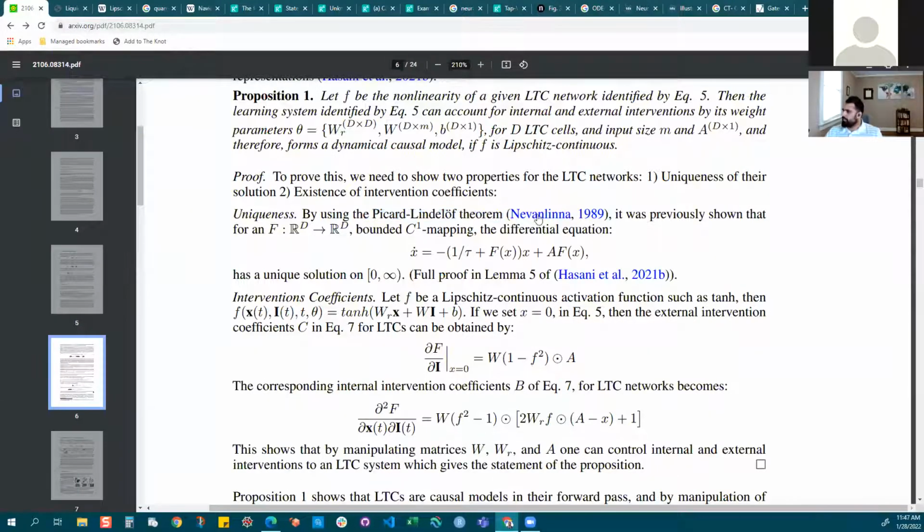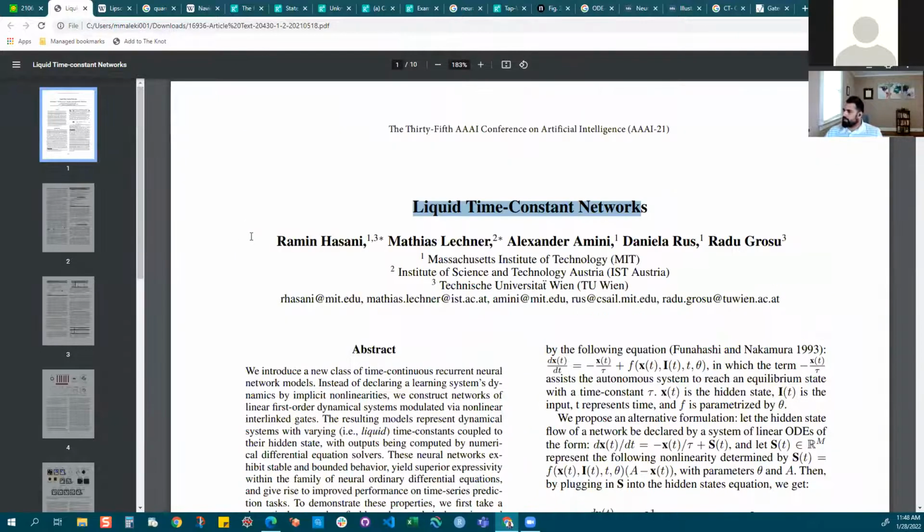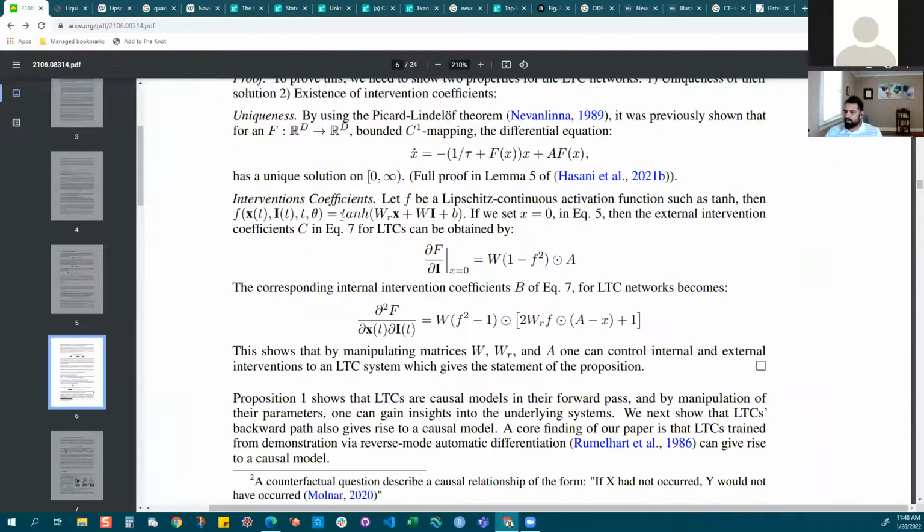And then they reference some paper and say it has previously been shown that for a function f that meets these conditions, there is only one unique solution on 0 to infinity. And then they provide proof in this other paper as well.